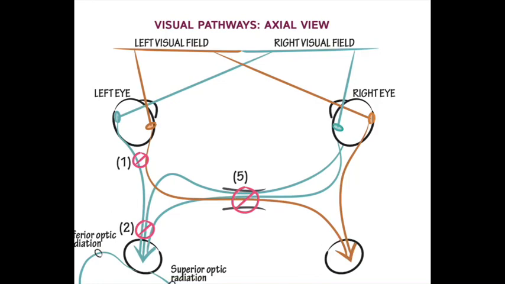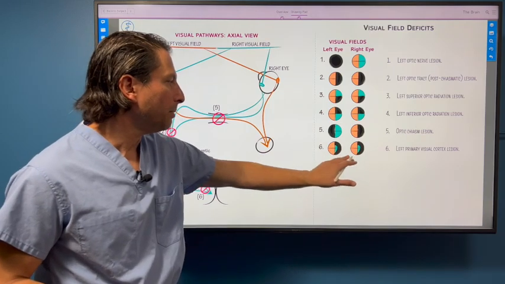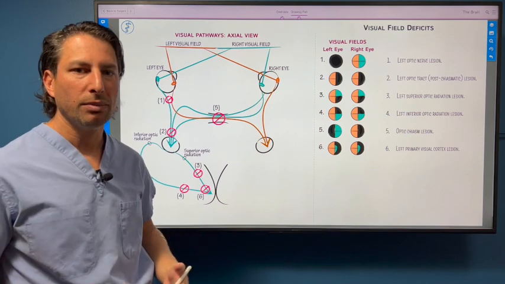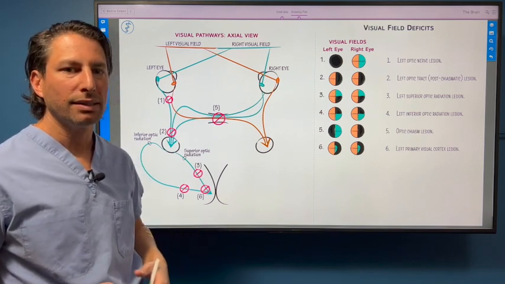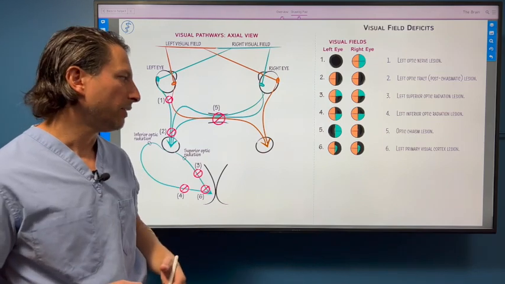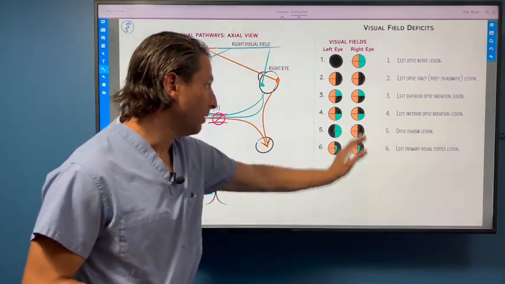So for a visual cortex lesion, we would think it would be a pure hemianopia, but there's something called macular sparing, and there are arguments as to why macular sparing exists, be it for vascular reasons or for dual innervation reasons. Regardless, this is a pure hemianopia.